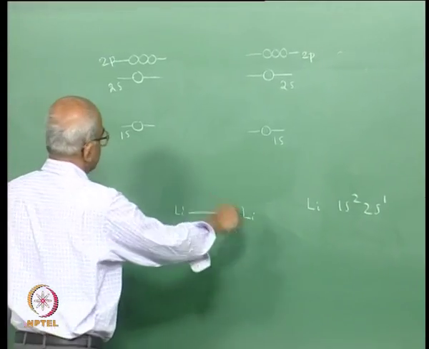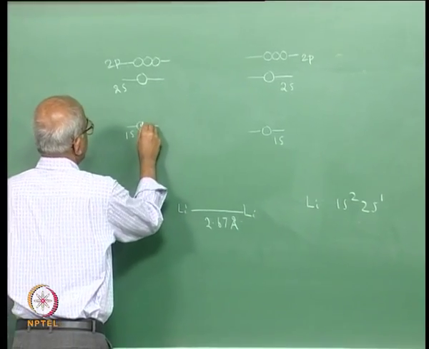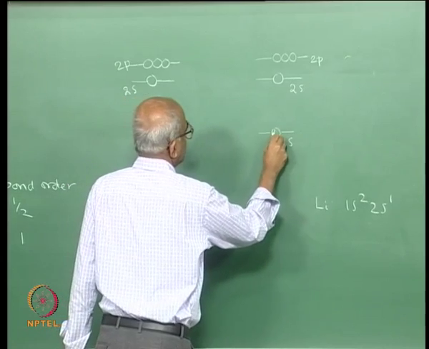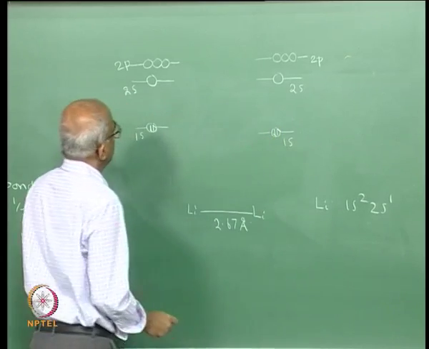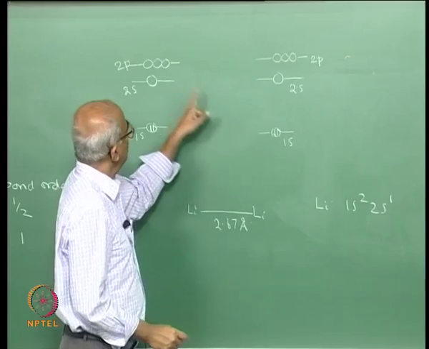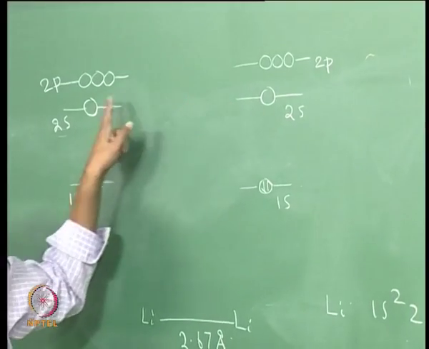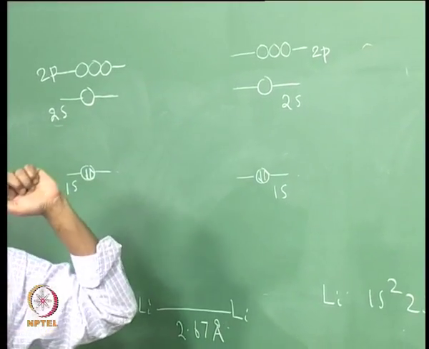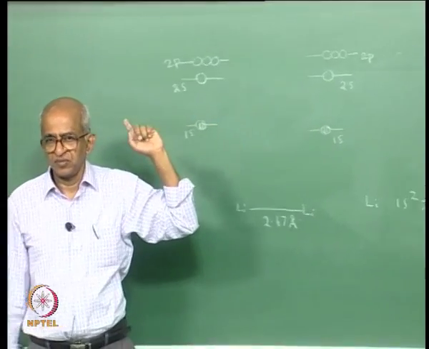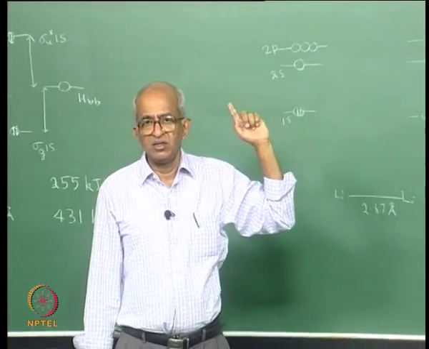So, what is going to happen is that this is going to be occupied with 2 electrons, that also is going to be occupied with 2 electrons, but then you have the 2s of this atom interacting with the 2s of that atom. What will they do?